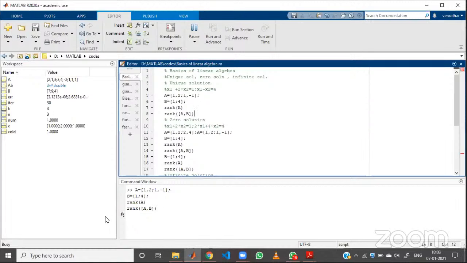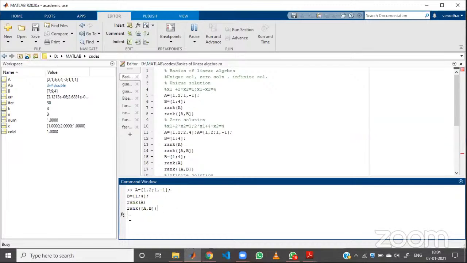Let MATLAB run this code. Okay, we got the answer.